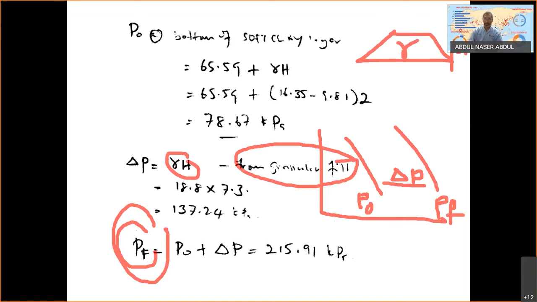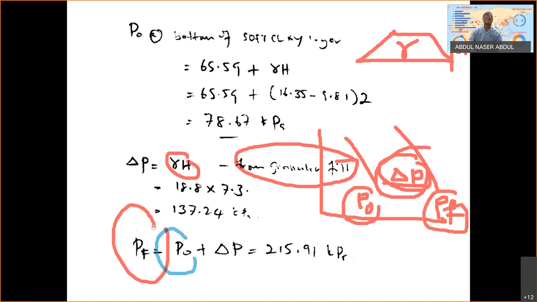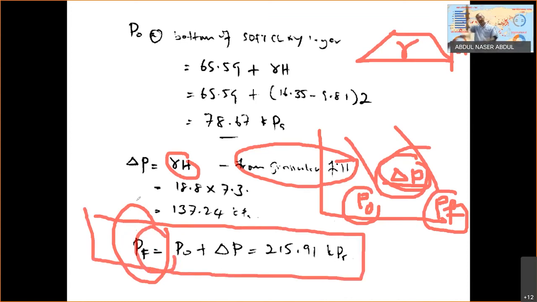So gamma times H will be the delta P. So P naught plus delta P, you get P final. So that will be a chart.